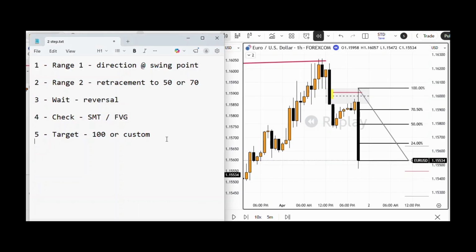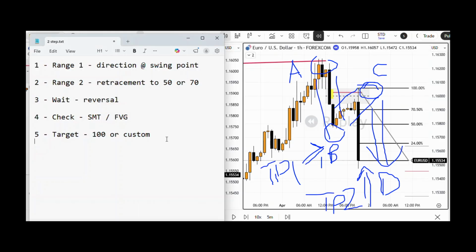5 steps. Find AB range, step 1. Find BC range, step 2. Critical: price must not close beyond 70% fib. Step 3, we are looking for a reversal on a lower time frame, which is aligned to the higher time frame.